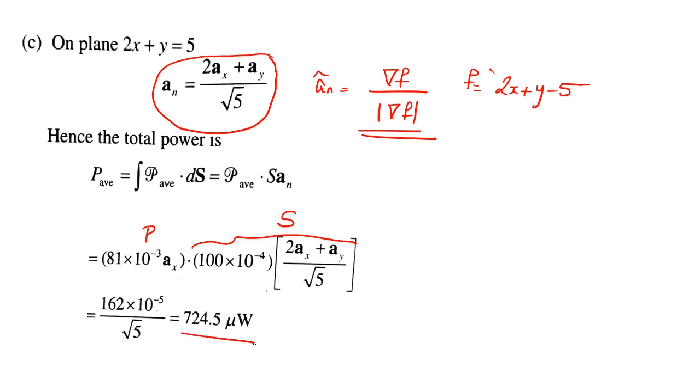You will get the value like this. So hope it is clear. In the second part, you found the time average Poynting vector or time average power, and in the last part we found the total power by multiplying the time average power with area. Both are vectors, so you take the dot product. So do the problem by yourself.